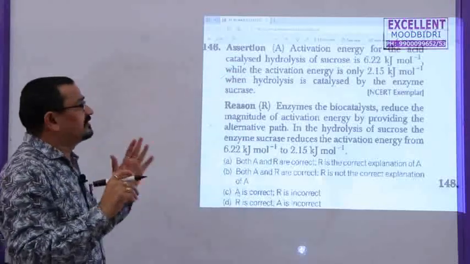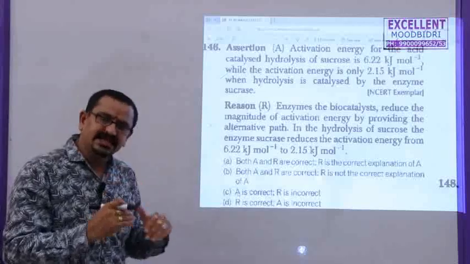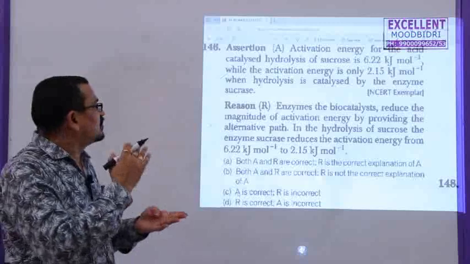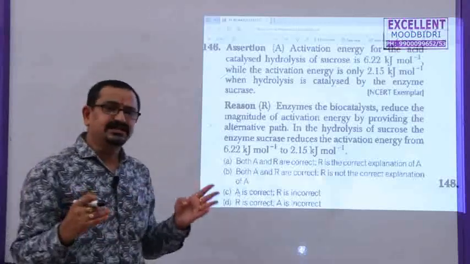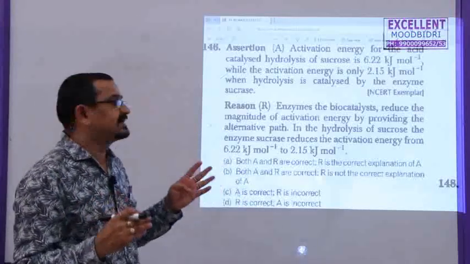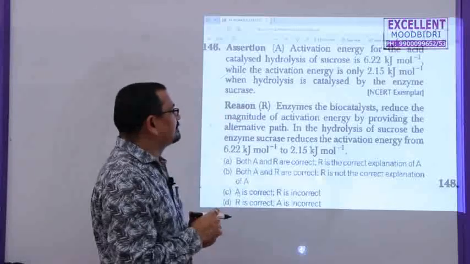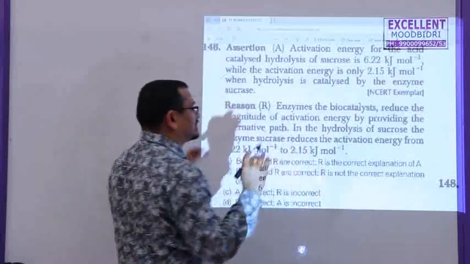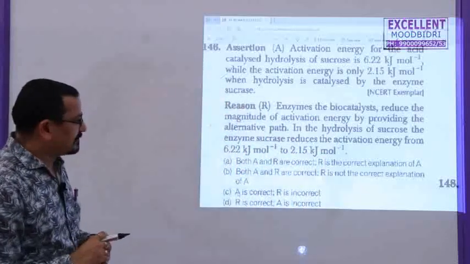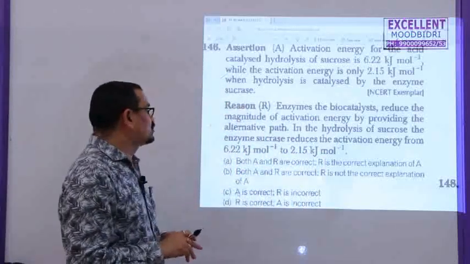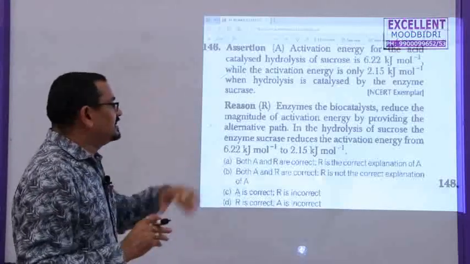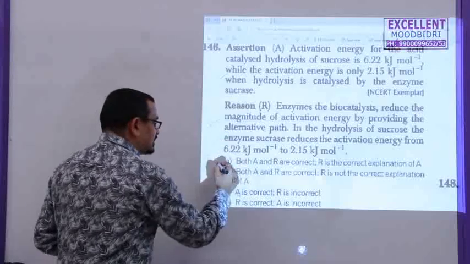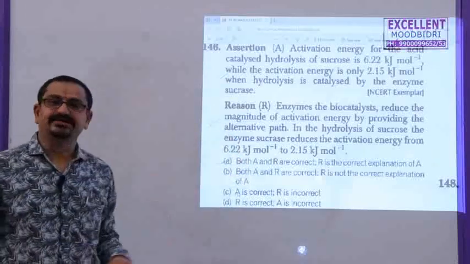Enzymes are associated with less activation energy, are highly specific in nature, work at moderate temperature, and a small amount of enzyme is enough. We all studied these properties in enzyme catalysis. The reason is that enzymes, the biocatalysts, reduce the magnitude of activation energy by providing an alternative path. In the hydrolysis of sucrose, the enzyme sucrase reduces the activation energy. So both A and R are true, and R is a correct explanation of A.